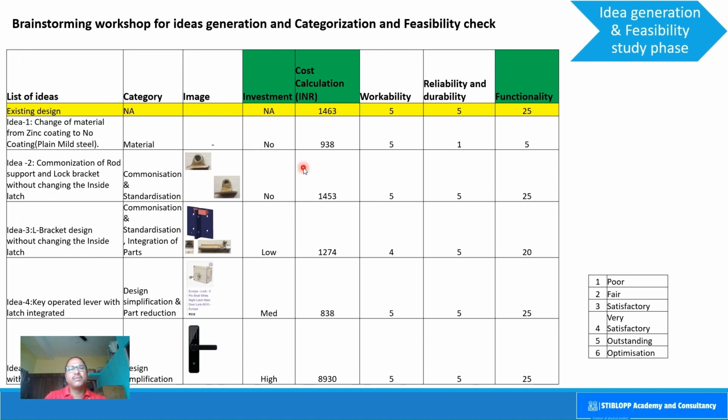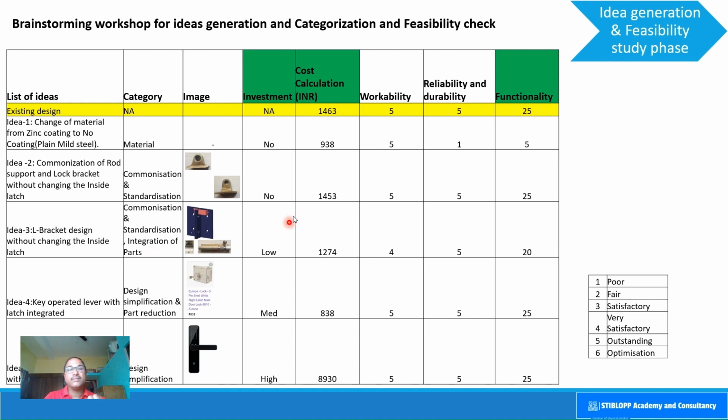So this also brings cost reduction to some extent, and functionality is retained. The third idea is the L bracket design without changing the inside latch. So here, this comes under the category of commonization and standardization and integration of the parts.